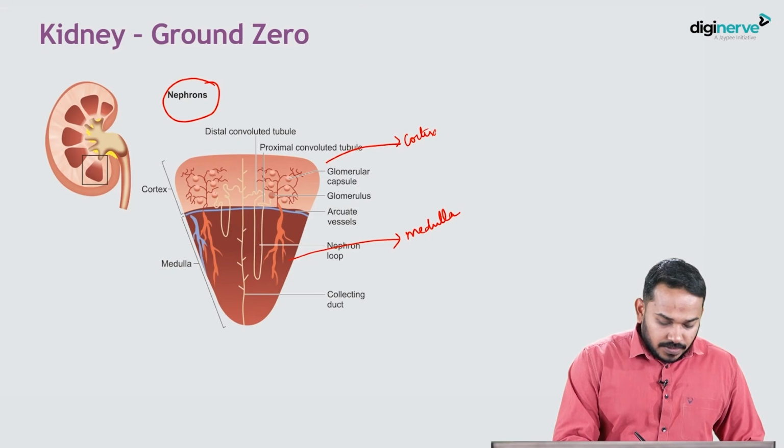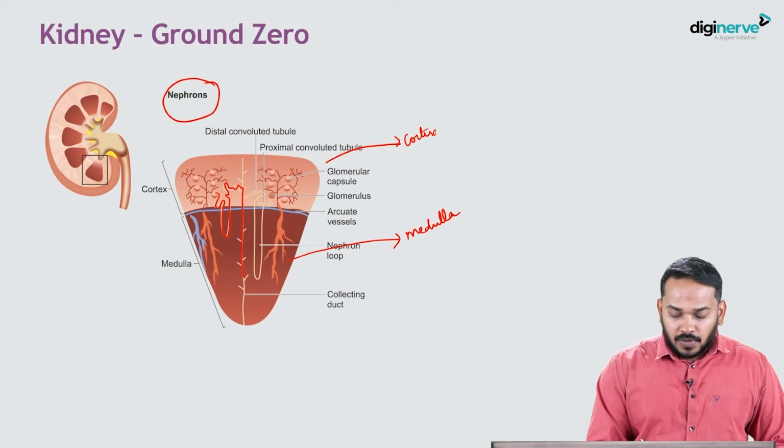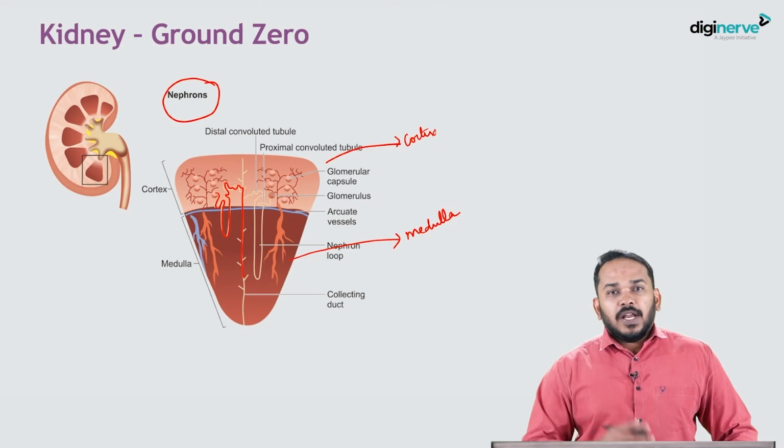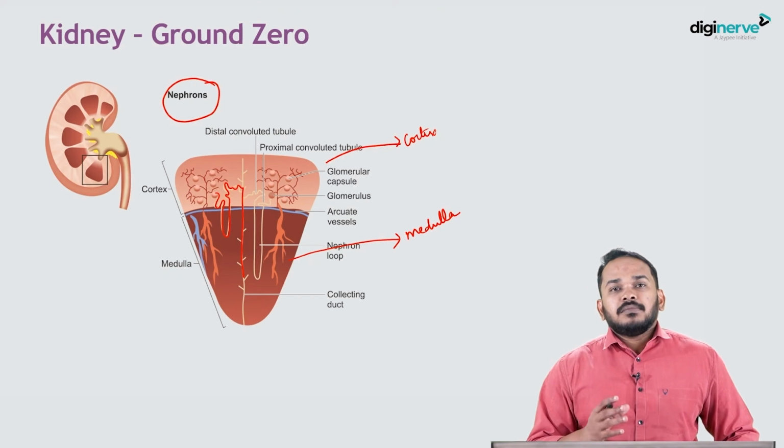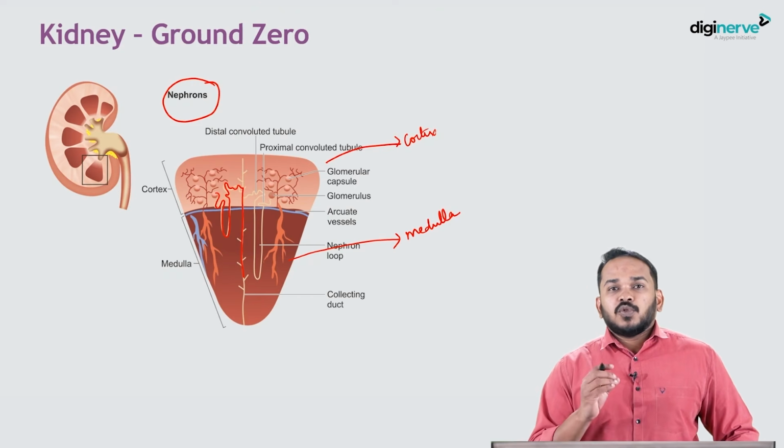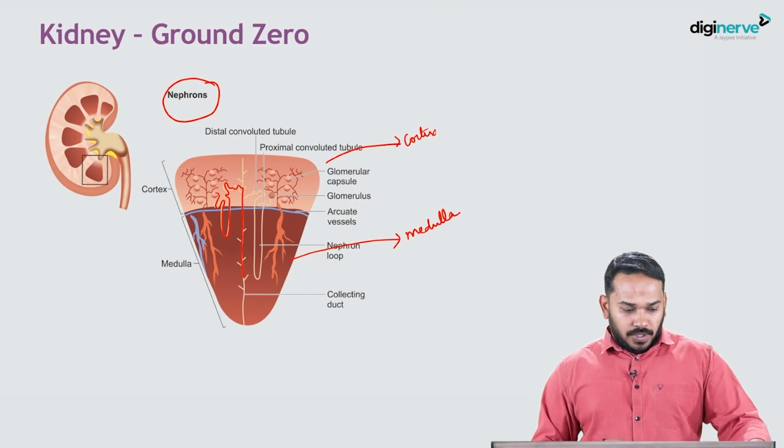So as you can see, this is a nephron, this is the Bowman's capsule, this is the proximal convoluted tubule, this is the descending limb of loop of Henle, ascending limb of loop of Henle, then distal convoluted tubule and the collecting tubule. So some parts of the nephron are arranged in the medulla and some parts are present in the cortex, and this anatomical position of the nephron is for the concentration of urine.